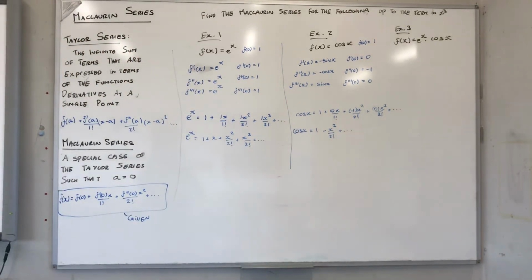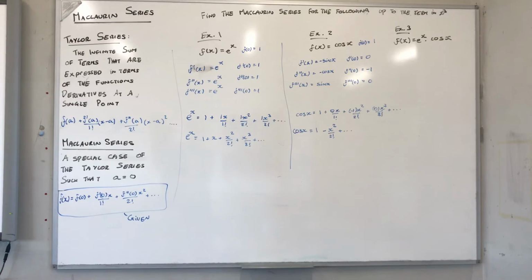So you can see here that the 0 multiplies to get rid of the x, and the 0 multiplies to get rid of the x cubed. And since I've only asked to have it up to the term x cubed, then I don't care about any of the other terms. Although it would then be positive x to the power 4 over 4 factorial, and then it would keep going in a pattern.